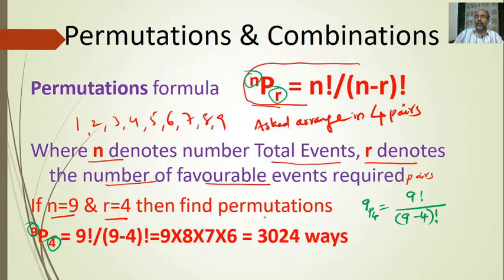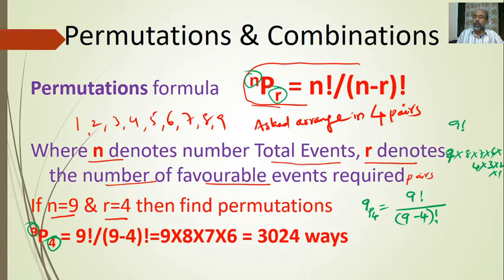So what is factorial? 9 factorial is simply written like this: 9 into 8 into 7 into 6 into 5 into 4 into 3 into 2 into 1.